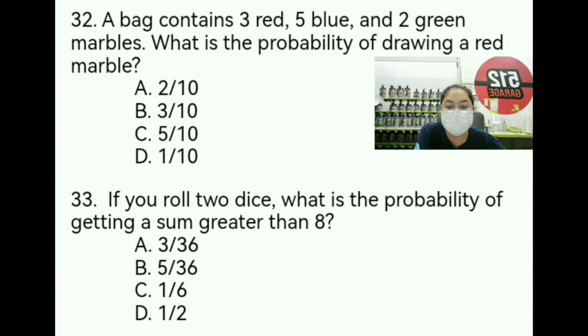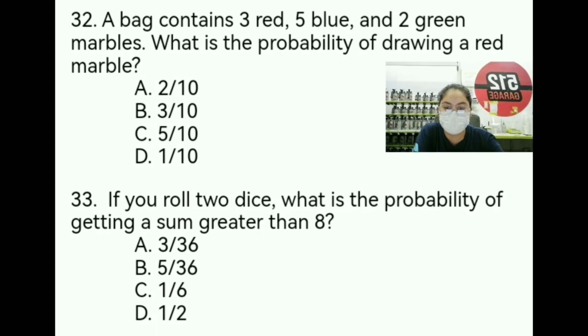This probability does not correspond to any specific outcome in the problem, so it is neither related to red, blue, nor green marbles. So the final answer is 3 over 10, letter B. The correct probability of drawing a red marble, again, is 3 over 10, as there are 3 red marbles out of a total of 10 marbles.